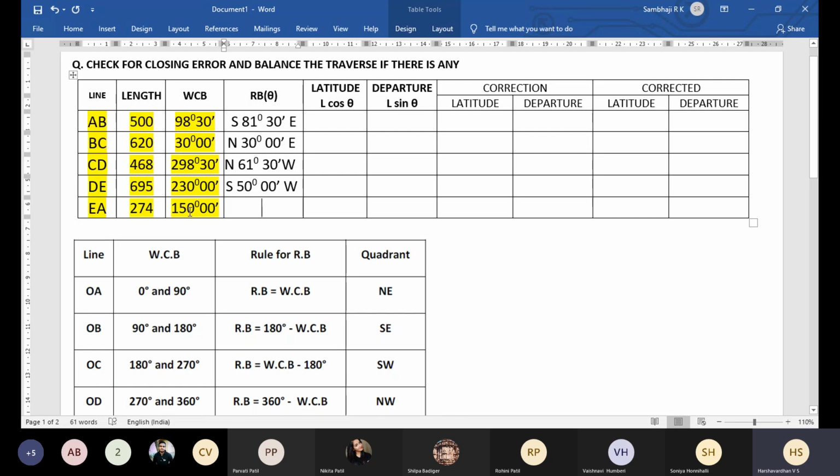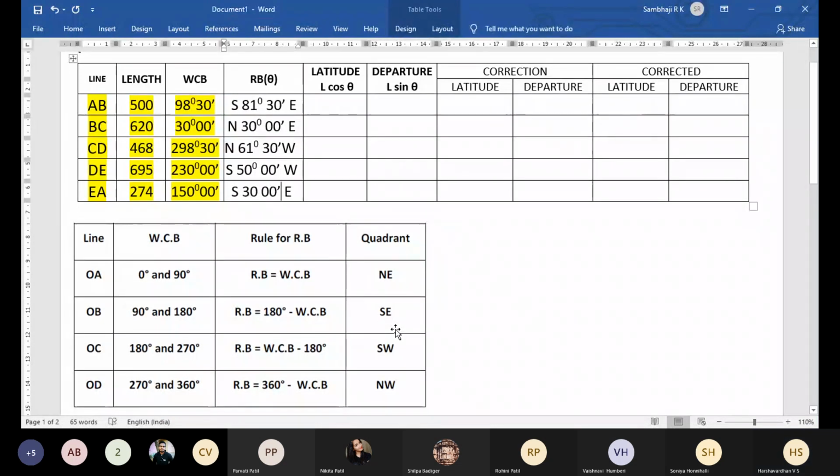The last is 150 degrees, which lies between 90 and 180, so the reduced bearing is 180 minus the whole circle bearing, in the southeast quadrant: south 30 degrees 0 minutes east. So these are our reduced bearings.